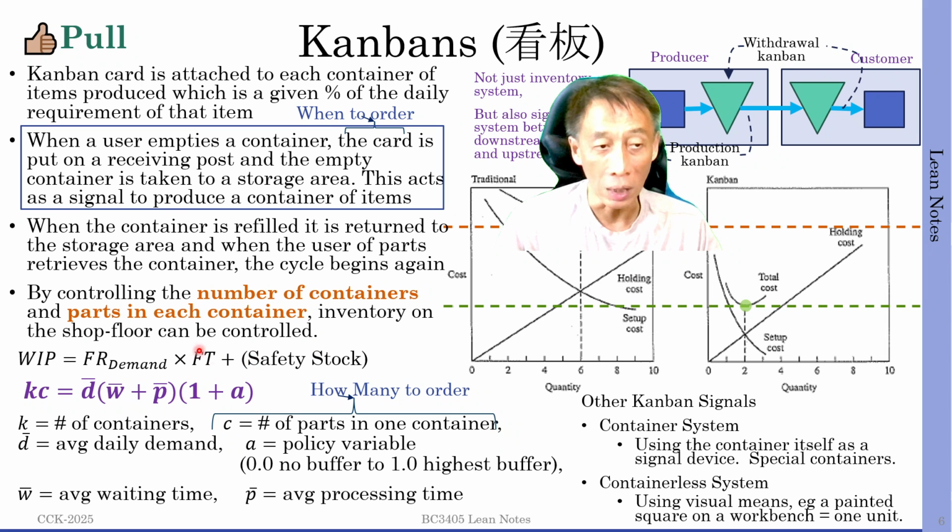1 means 100% of this, and plus some additional percentage, because A is a number between 0 and 1. The Kanban theory says it's a policy variable. Now, this policy is more like how scared are you? The fear factor.